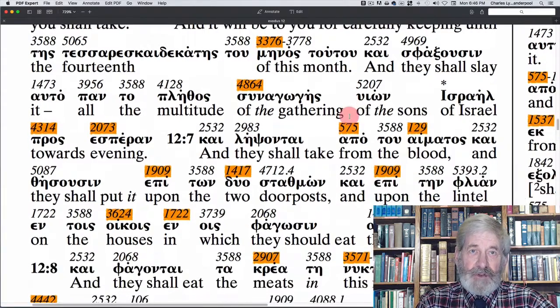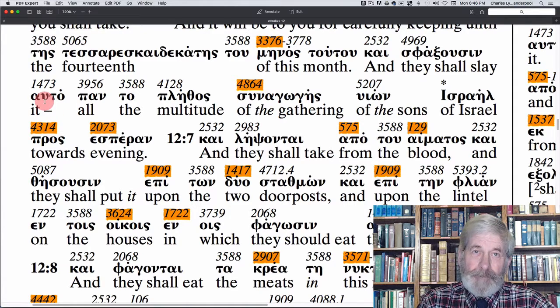And then they shall slay it, avto. It's interesting where another place where it talks about not breaking a bone, which it says here, not breaking the bone, it uses avtu, which is masculine. Here it's neuter. And that's in later as we get into Numbers.